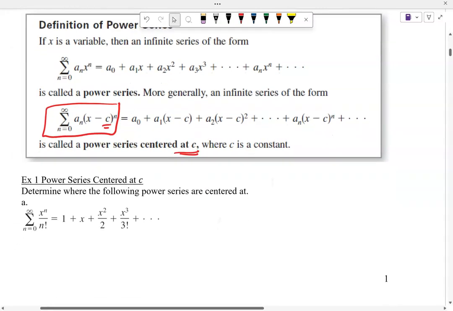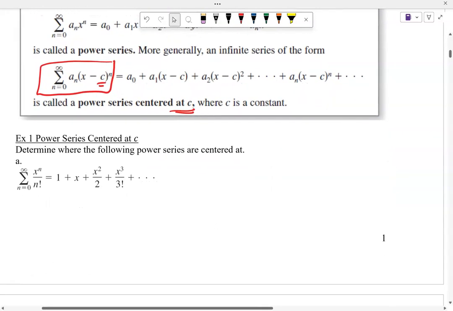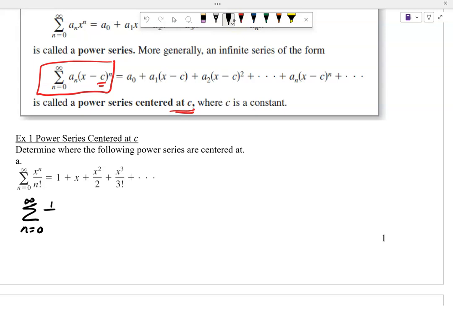So let's look at one here on this first one. Let's just recognize who a_n is and where it is centered at for this first one. I'm going to write this as 1 over n factorial, and this is x to the n. So I'm going to write that as x minus 0 to the n.